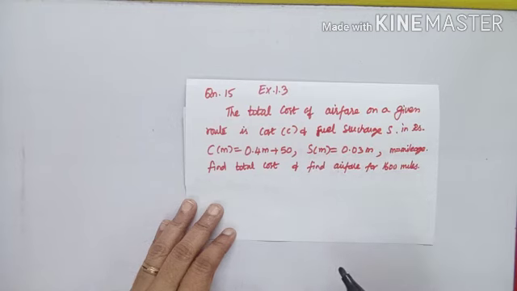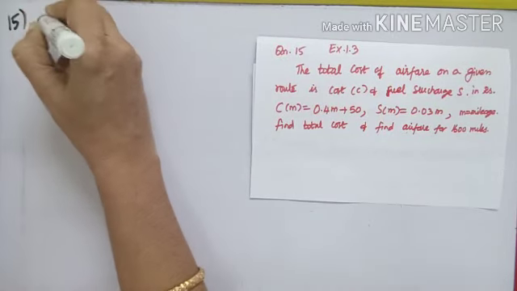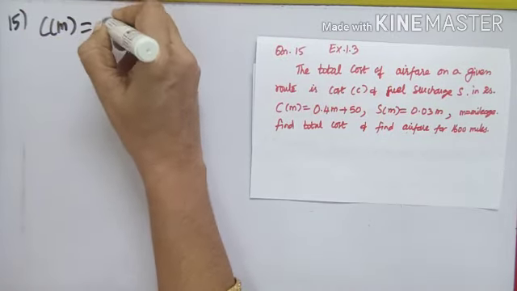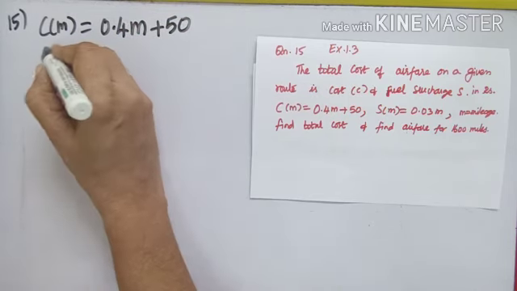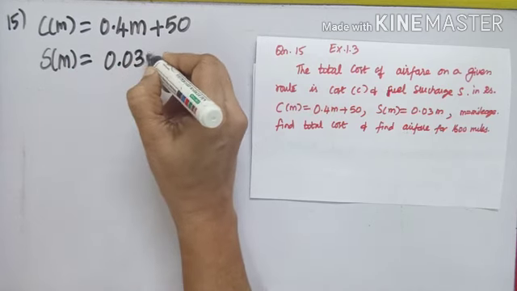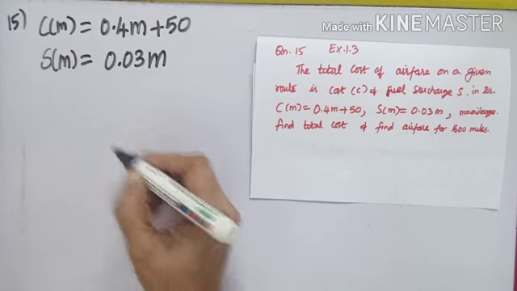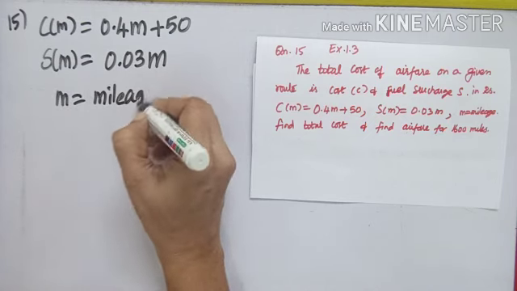Mileage is given as m. C of m is given as 0.4 m plus 50 and S of m is given as 0.03 m. We must write m represents mileage.